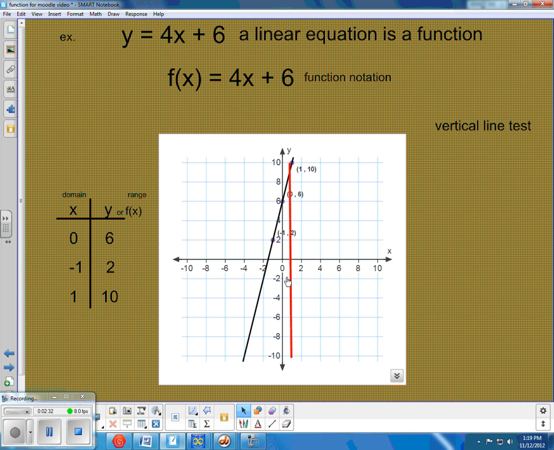And as I move it down, I am only getting one value of y for every value of x. So this is the vertical line test, and this is how we can tell if a graph is a function, because it's only hitting one value at a time.